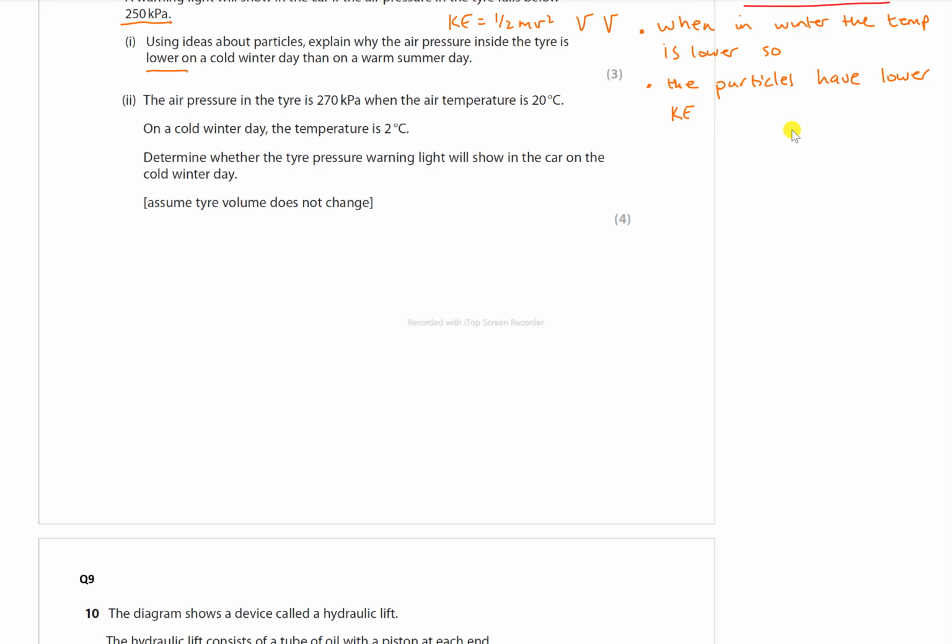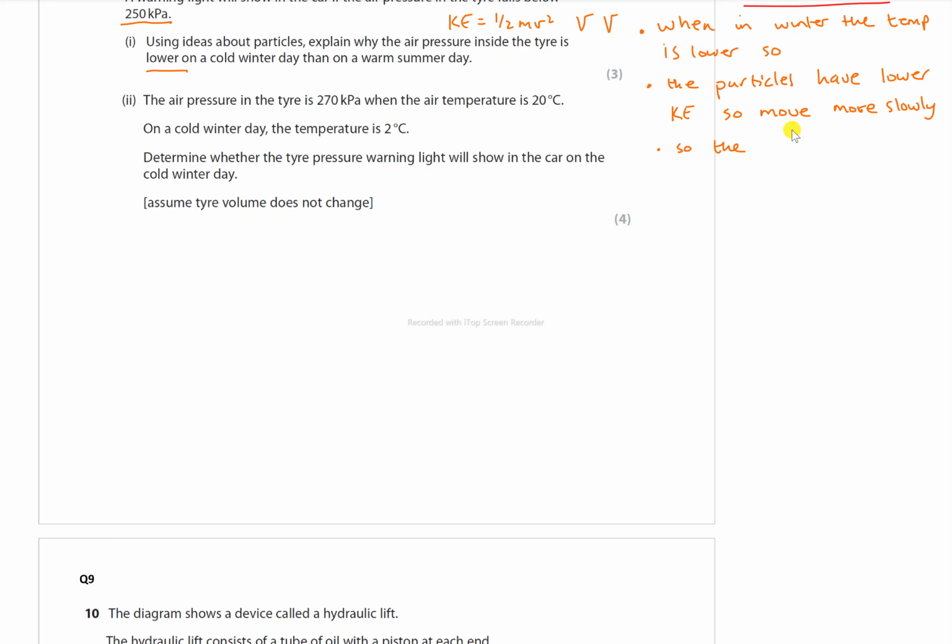Right, have a lower kinetic energy, so move more slowly.